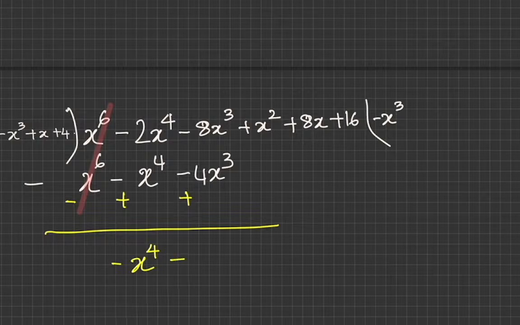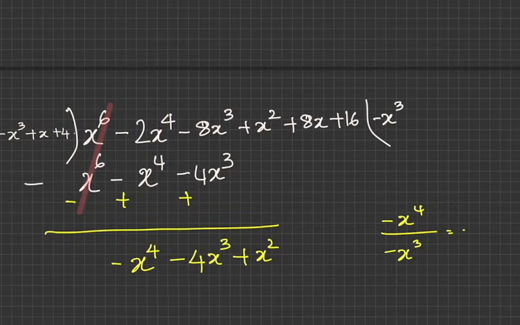And then I have negative 8x to the power 3, minus negative 4, so negative 8 plus 4 is negative 4x to the power 3. And then I bring down x squared. Okay, so negative x to the power 4 divided by negative x to the power 3 will give me a positive x, correct?